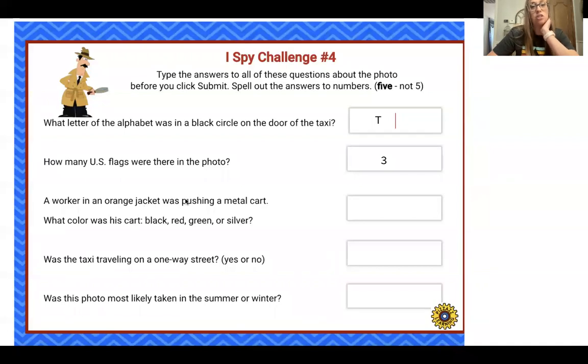A worker in an orange jacket was pushing a metal cart. What color was his cart? Black, red, green, or silver? I remember the worker and he was pushing a green cart. And was the taxi traveling on a one-way street? I remember the taxi was, yes. And was this photo most likely taken in the summer or winter? Well, I remember everyone was wearing jackets, so that would be winter.